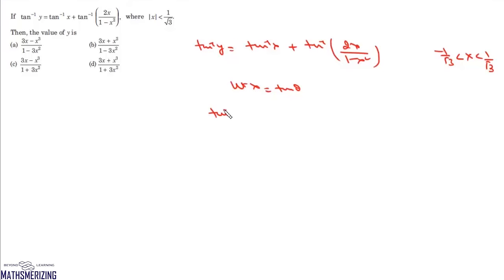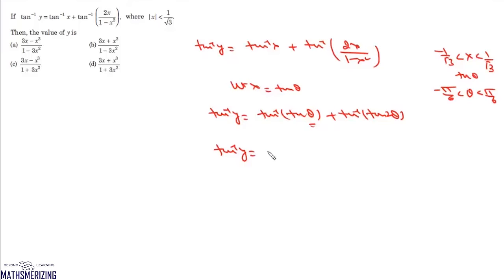So we can write tan inverse y as tan inverse of tan theta plus tan inverse of tan 2 theta. Now here if we put x as tan theta, then theta will lie between minus pi by 6 and plus pi by 6. Now this theta lies in principal value range, so it will be simply theta, and 2 theta will also lie in principal value range.